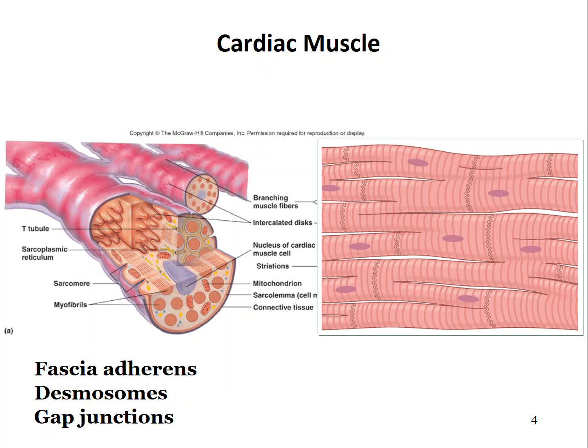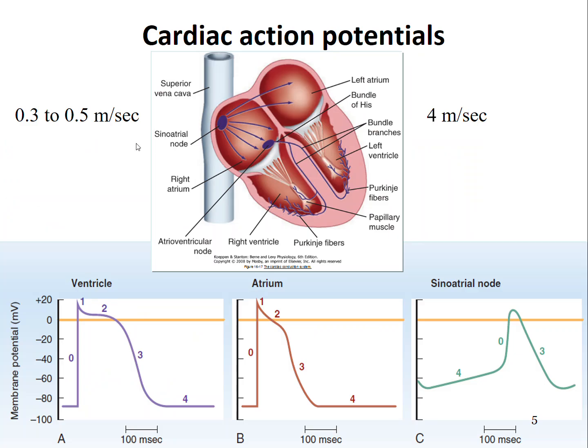That's why we call it intercalated disc. In the intercalated disc, there are two junctions between the cells: desmosomes, in order to keep the cells together during contraction, and gap junctions, in order to make it possible for these cells to work as a syncytium and as a unit.